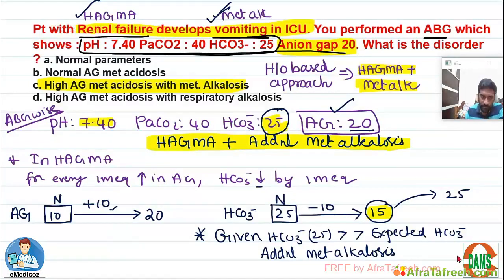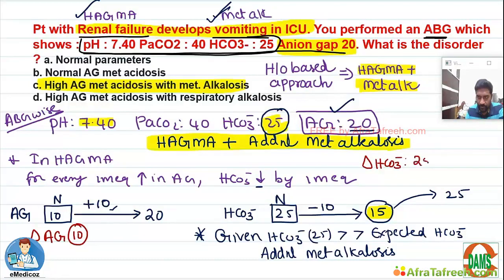Here you can also observe another relationship. In this question, for example, delta anion gap is 10, whereas for delta bicarbonate, how do we calculate it? Normal value of bicarbonate minus the given value. How much is given? 25. Here the given bicarbonate value is 25, so delta bicarbonate is 0.